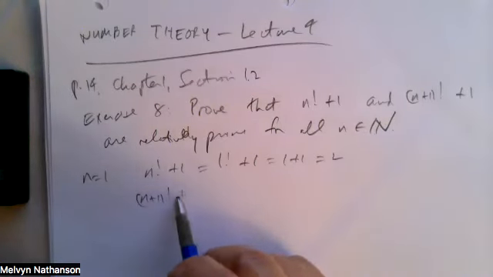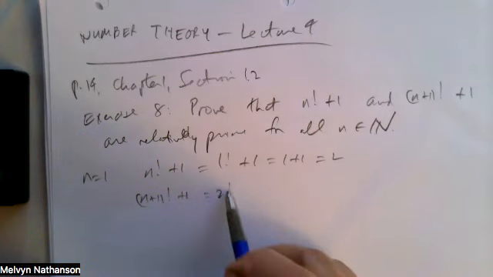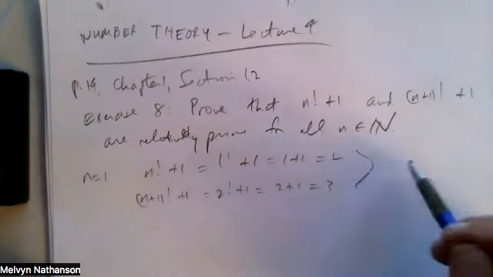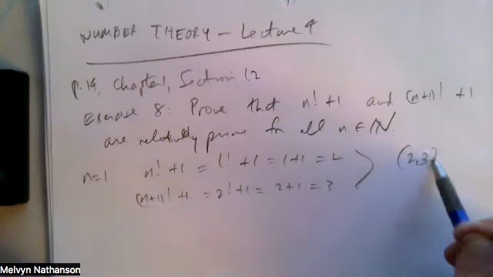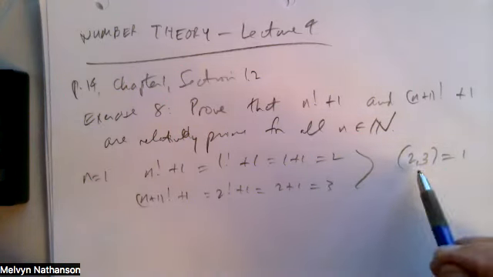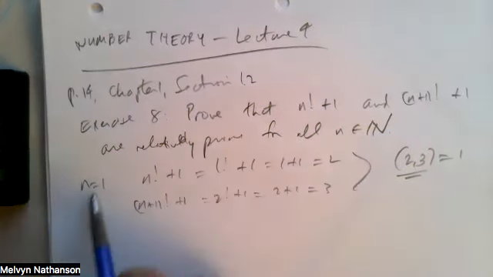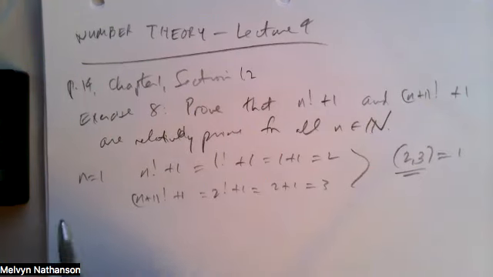And n plus 1 factorial plus 1 is 2 factorial plus 1, which is 2 plus 1, which is 3. And the greatest common divisor of 2 and 3 is 1. Right? This is our notation for the greatest common divisor. So it's true for n equal 1.